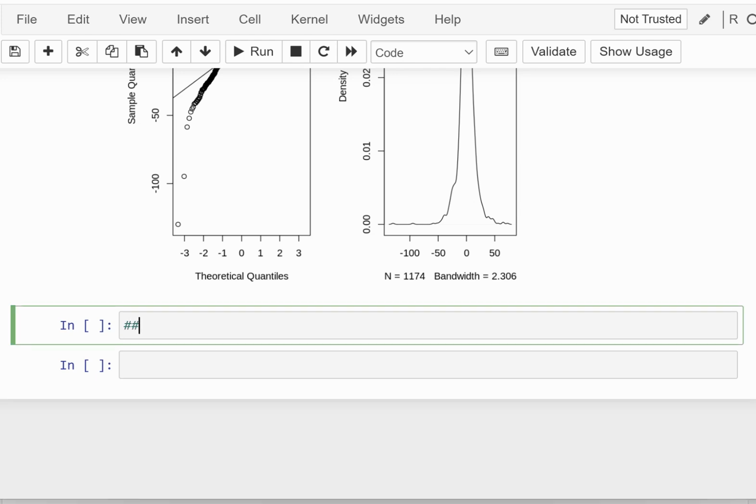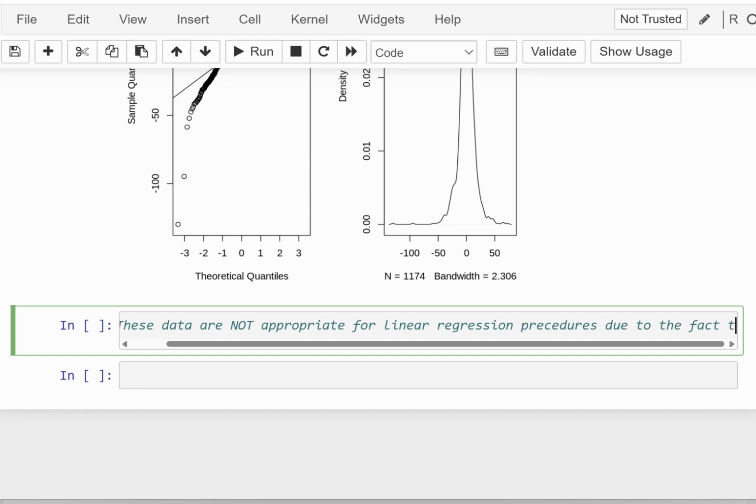So let me type that in, right? These data are not, let me yell with all caps there, these data are not appropriate for linear regression procedures due to the fact that the QQ plot veers so far from a straight line.